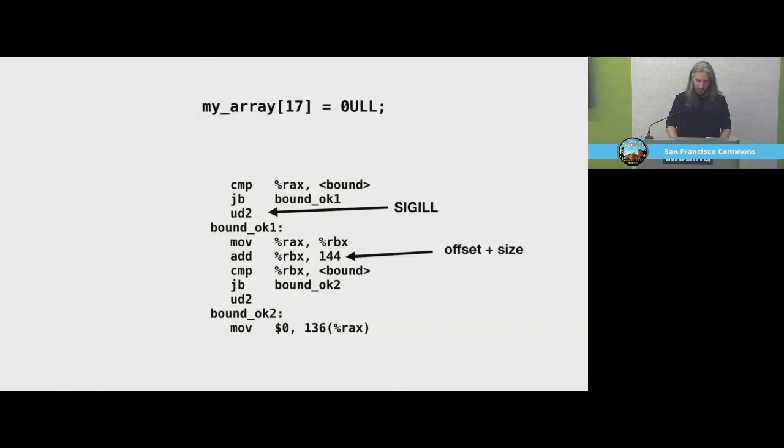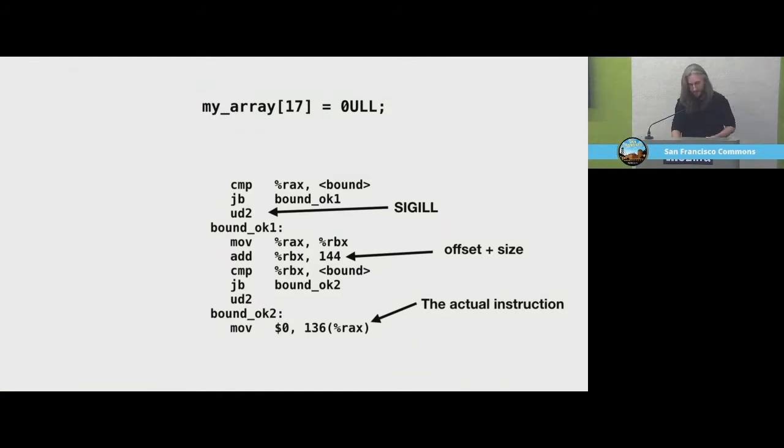Then I will check to make sure that the actual offset that I am looking for from that array is actually in bounds as well, right? And so from there, we finally get to the actual instruction, which is just putting a single 0 into memory.